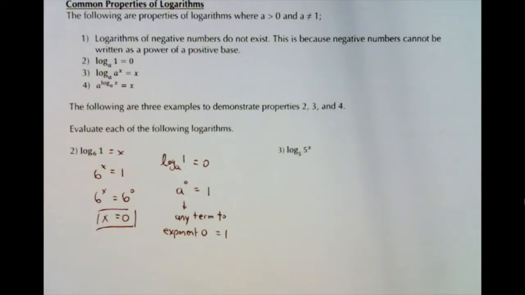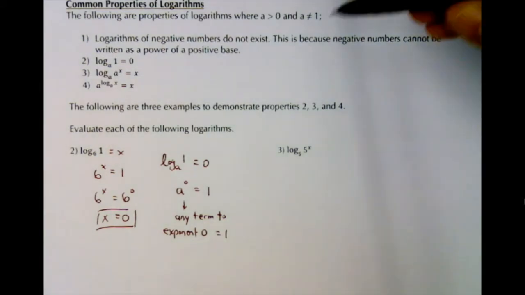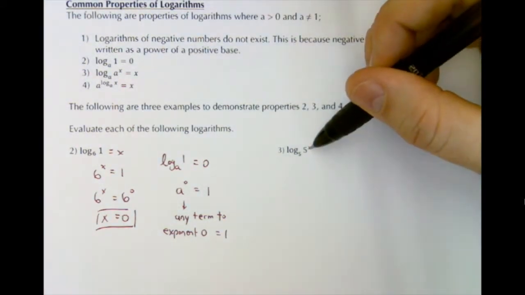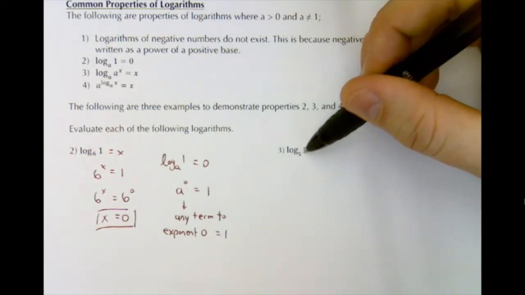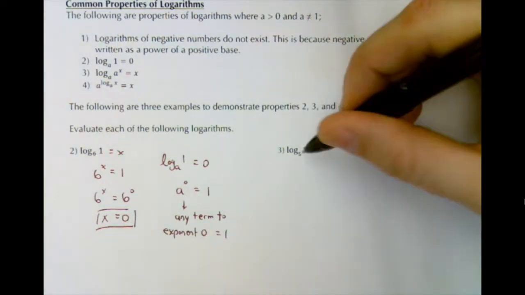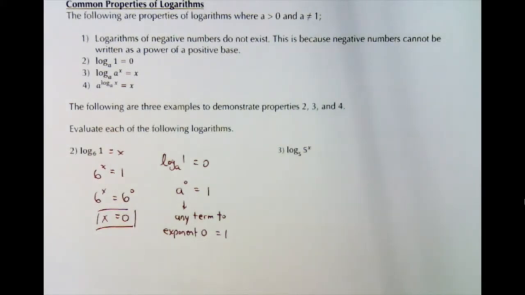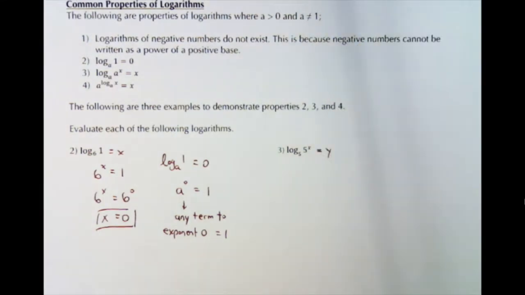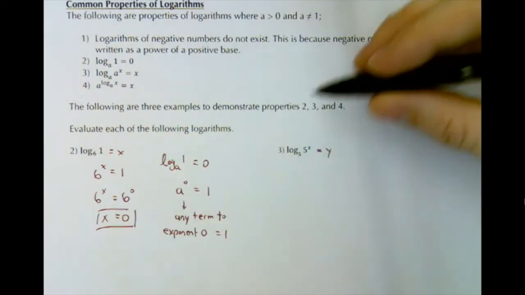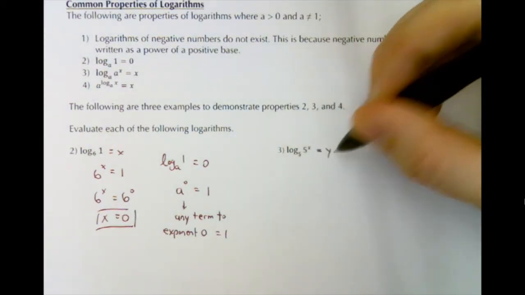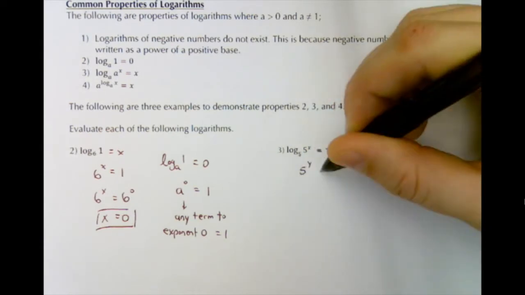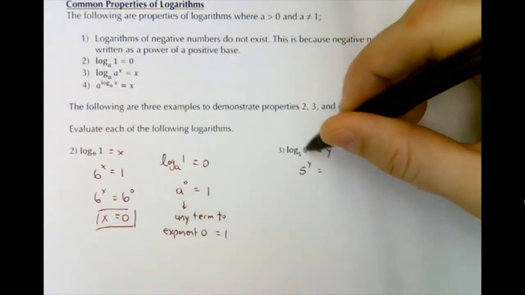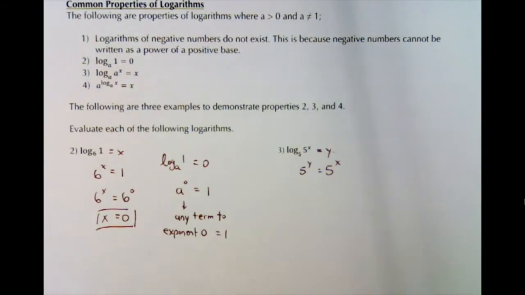Our third common property is when we have a power inside a logarithm, and the power has the same base as the logarithm, the answer just works out to x, the input to the exponential. So here I'll demonstrate it. I'm going to set this one equal to y because x is already on our left side, so I don't want to use the same variable. And if I rewrote this as a power, this would be the base of the logarithm to the exponent y, or 5 to the exponent y, equals the input to our logarithm, which is 5 to the exponent x.